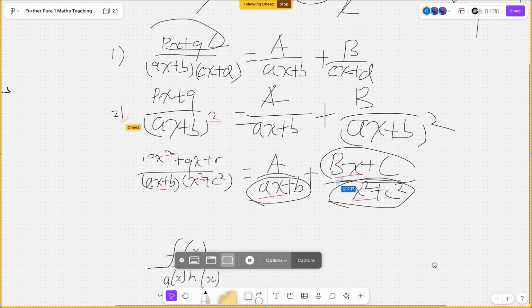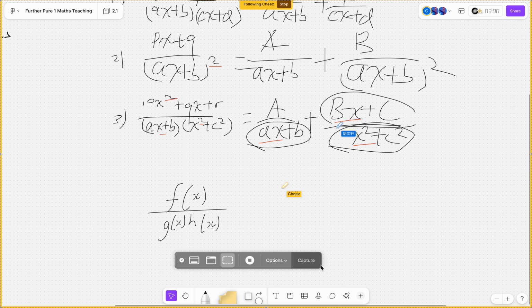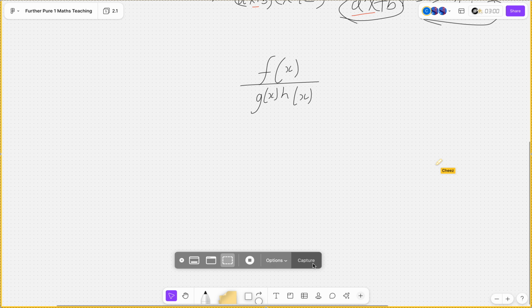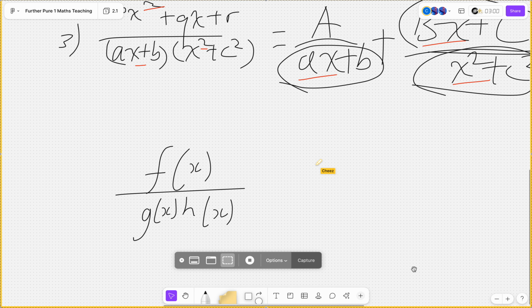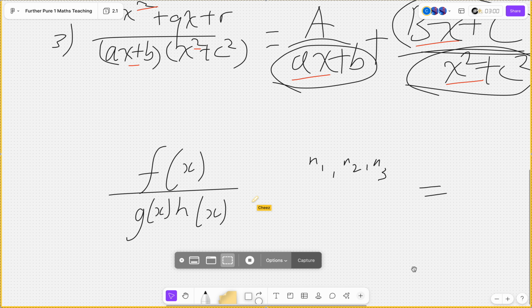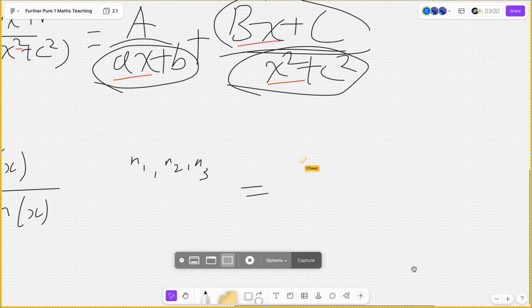You have anything to add on? I wonder, considering f(x) over g(x) times h(x), where each order is in terms of, let's say, n1, n2, and n3, what would be the partial fraction of, let's say, big F over g(x)? First the condition has to be that they're all in proper fraction form, and you have to break out the non-proper elements.